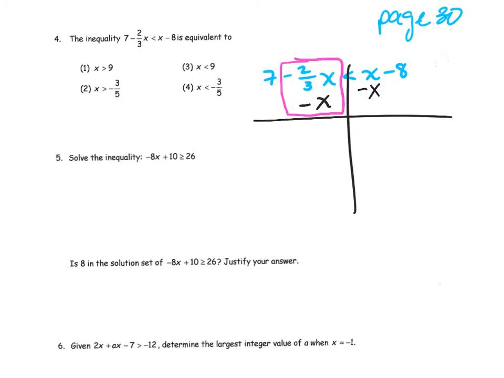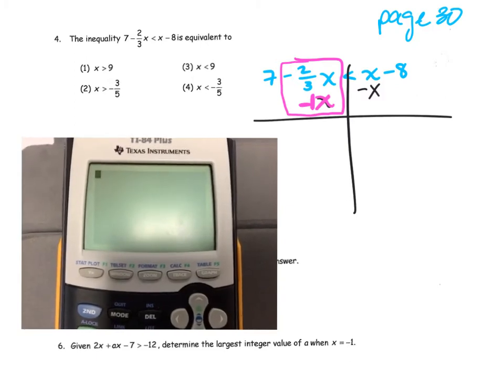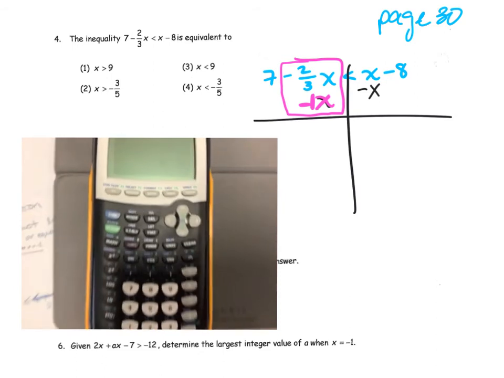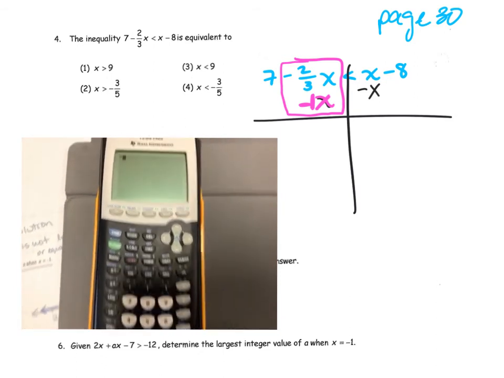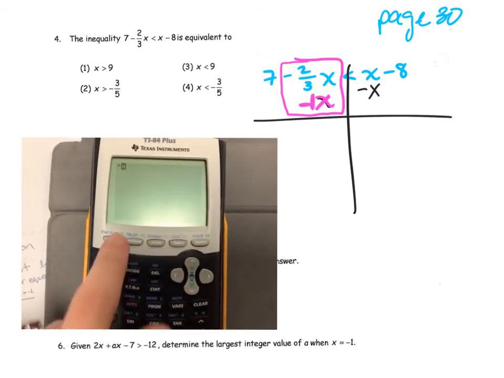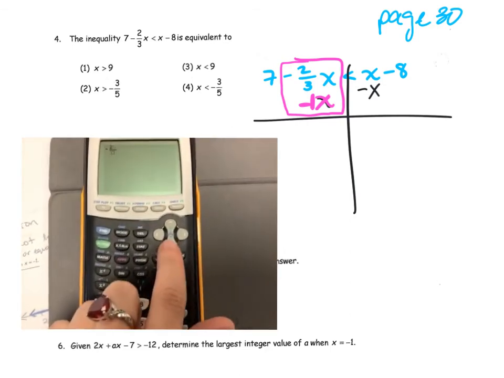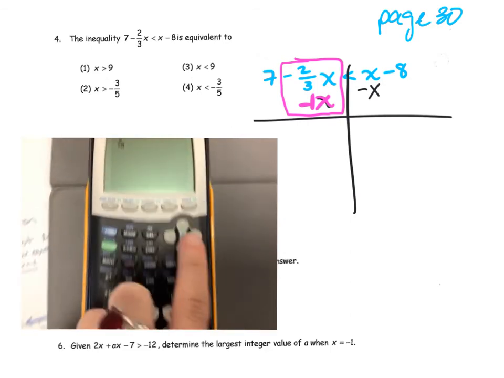So when we combine these like terms, remember, what's the number out front of this negative x? This is a negative 1. So let's type it in the calculator. All right, so I got my calculator out. I'm going to type in, we have negative 2/3. So the negative button is down here, guys. Negative, alpha, y equals, enter, 2 over 3.